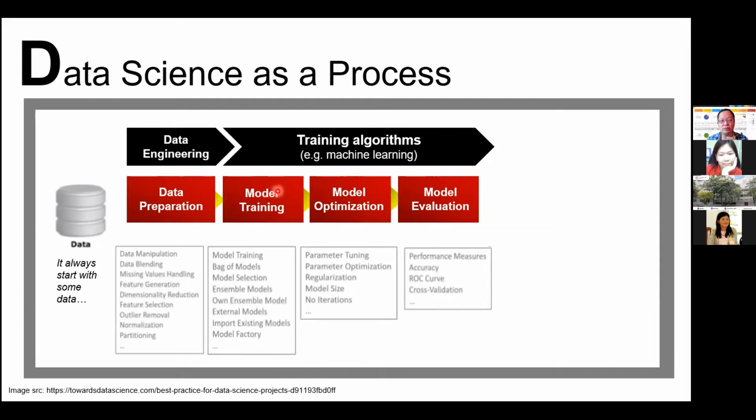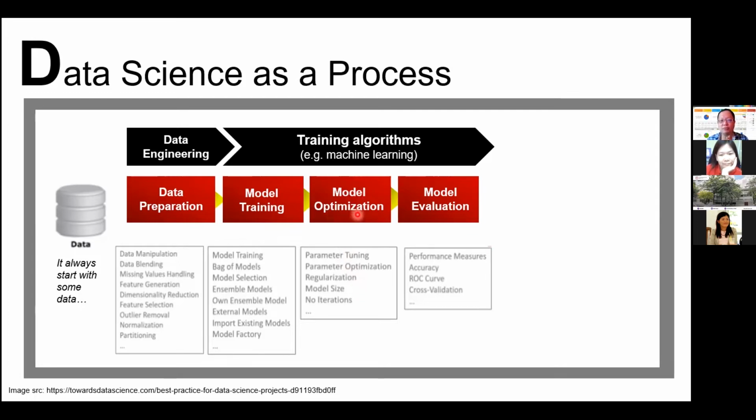And this model will be created by the process called training. Okay, so we teach the model, or we train the model. And once we train the model, we try to optimize it. This optimizing means that we try to tune the parameters of the model, or use some regularization, or do many iterations.